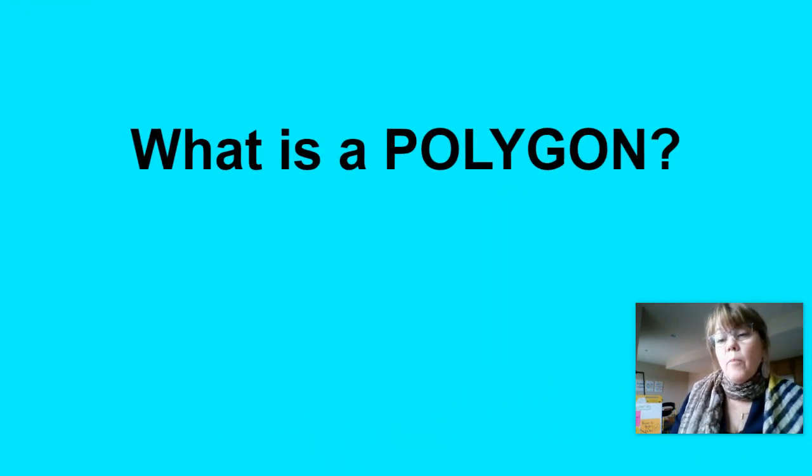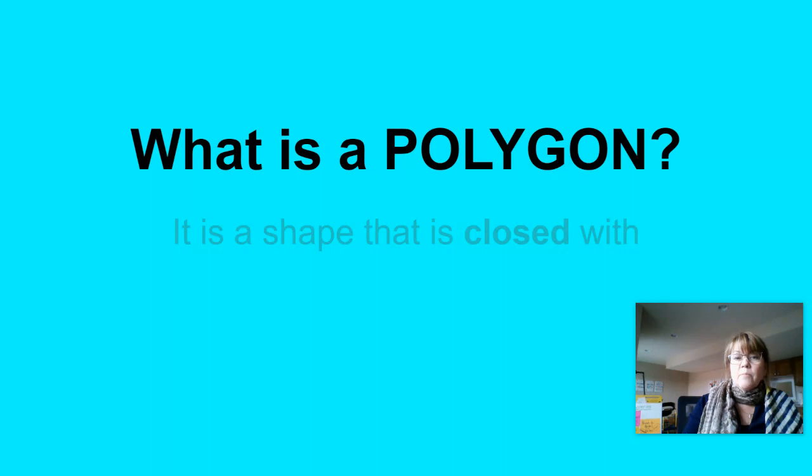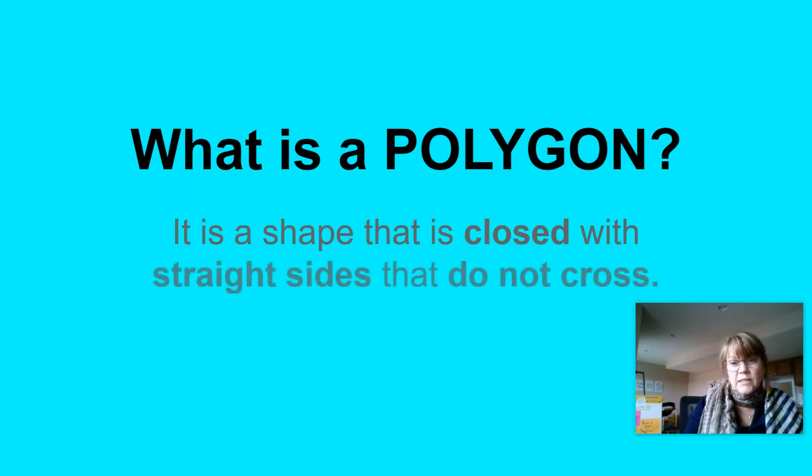So all polygons, I told you we're going to talk about polygons. All polygons are made up of angles put together, and they make a shape. But that shape has to be closed, and we'll talk about that in a moment. And it has to have all the lines being straight, and none of those lines can cross. So they meet and end at an end point.